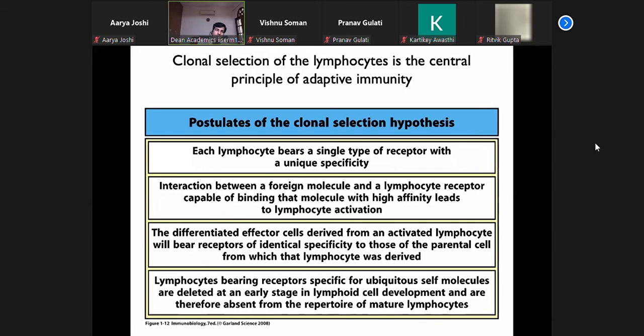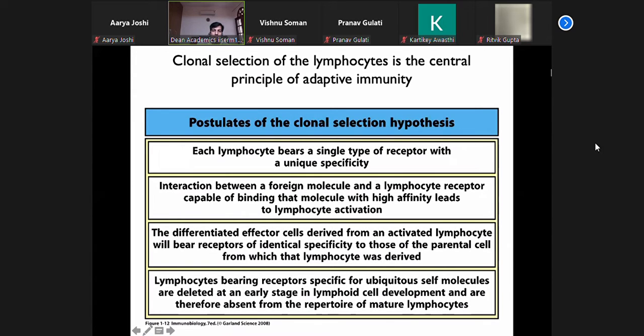Briefly, we'll talk about those maybe next class or in one of those classes, right? But all those theories did not hold true. They somehow were not able to explain the principle of adaptive immunity. But this theory is still considered the gold standard. And this is how immune response actually works, right?